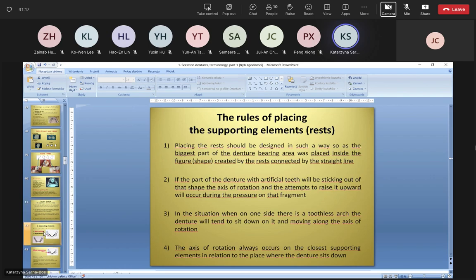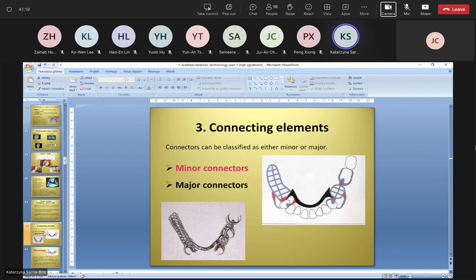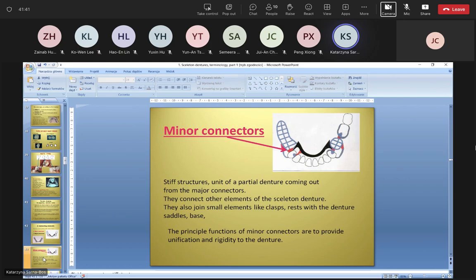And now let's go to the connecting elements. So connectors can be classified as either minor or major. Minor connectors are marked using pink color, and major connectors using black color. Okay, so what does it mean, minor connectors?